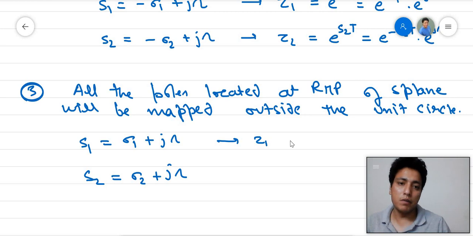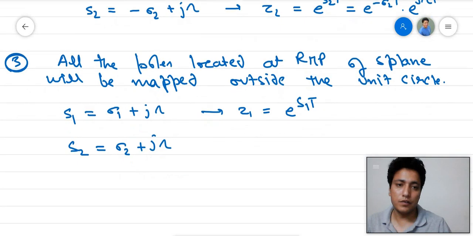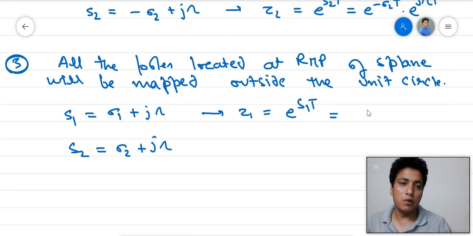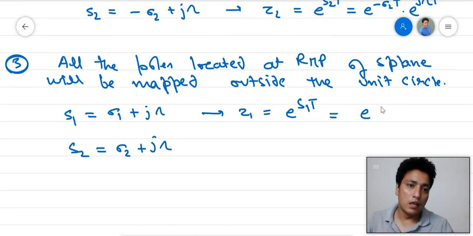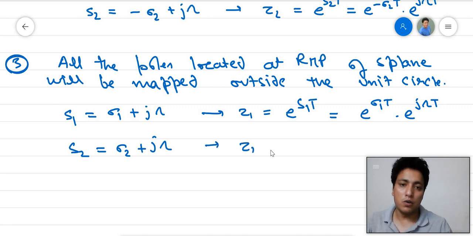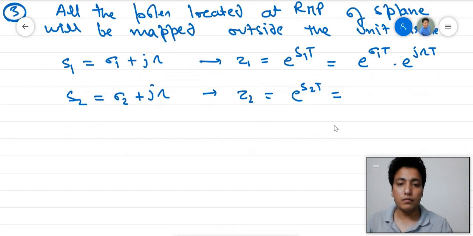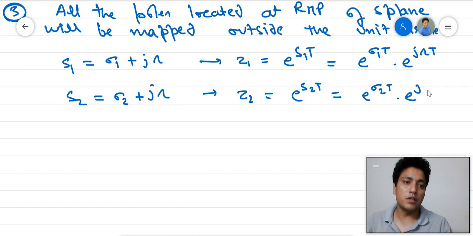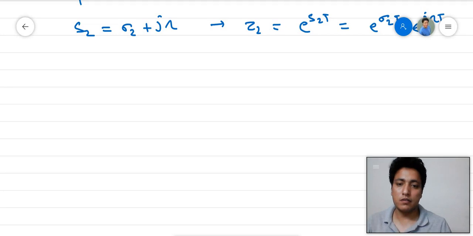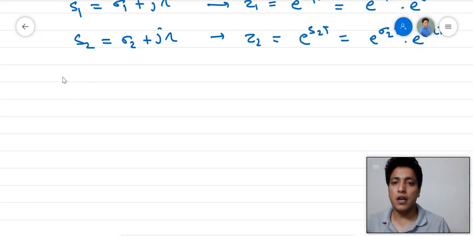For that z1 will be equal to exponential s1t, which is equal to exponential sigma 1t into exponential j omega t, and z2 will be equal to exponential s2t will be equal to exponential sigma 2t into exponential j omega t. Now we will try to represent observation 1 and observation 2.